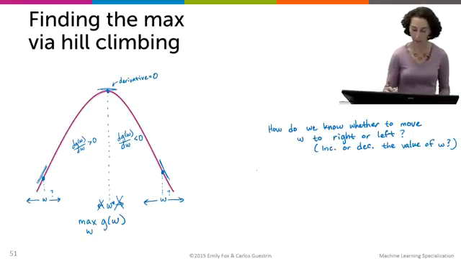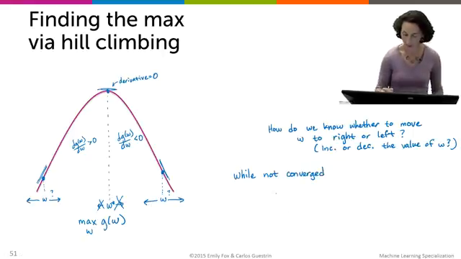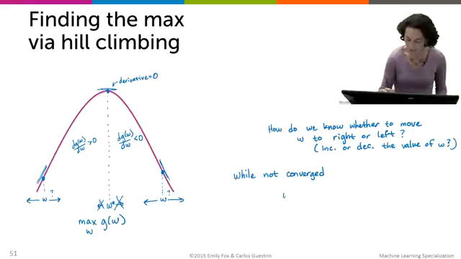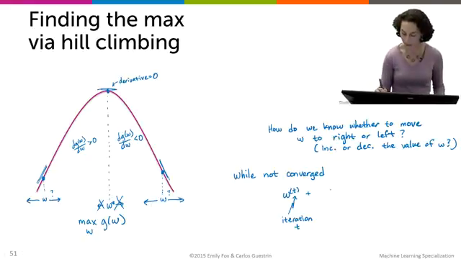So this hill climbing algorithm, the way we can write it is: while our algorithm has not converged, I'm going to take my previous w, where I was at iteration t, so this is an iteration counter, and I'm going to move in the direction indicated by the derivative.